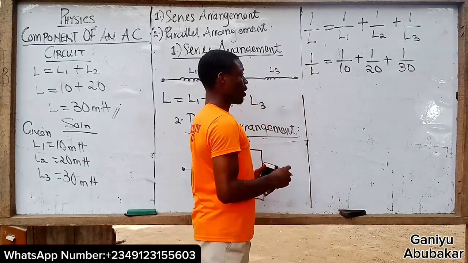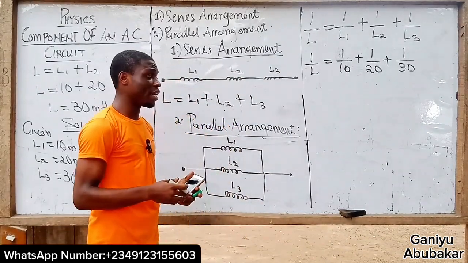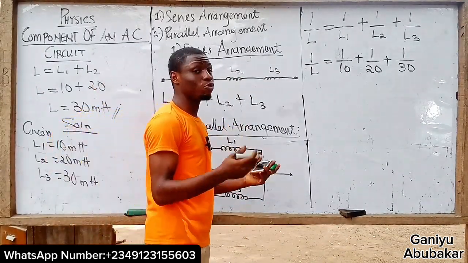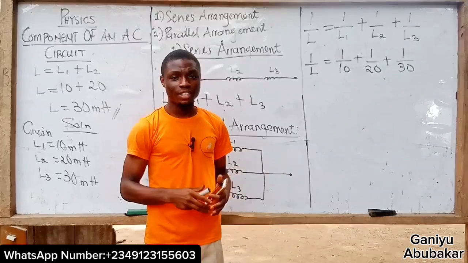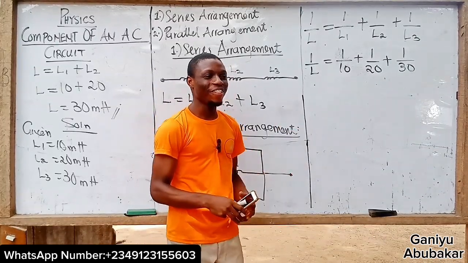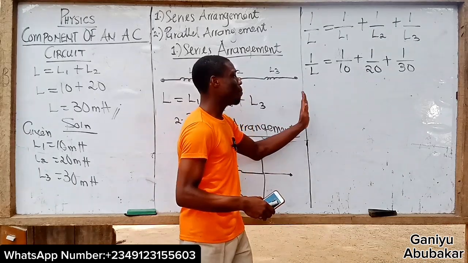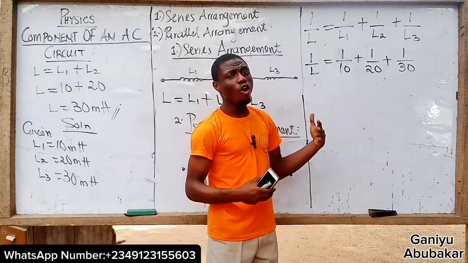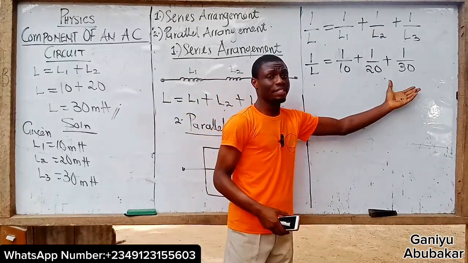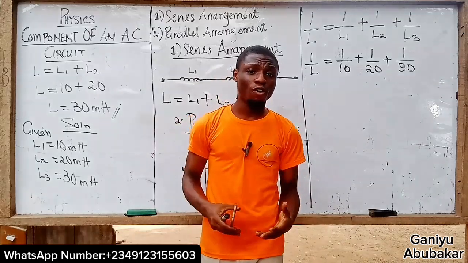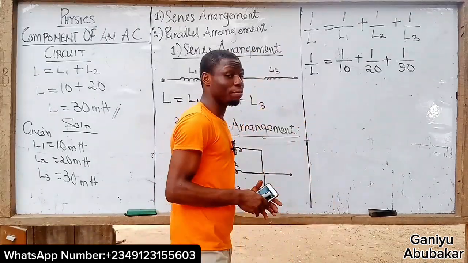At this point I'm having several fractions with a plus sign between them. What comes to mind? LCM. My next task is to look for the LCM of 10, 20, and 30. If you use your primary idea of looking for LCM, you discover that the LCM here is 60.